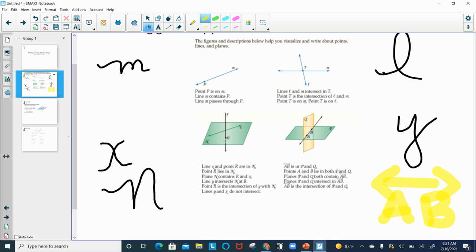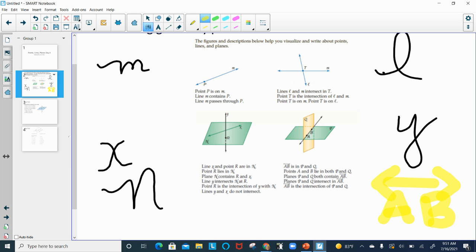At least in the picture, in real life, it does contain the whole line. Planes P and Q intersect on line AB, and that's true. Where the yellow part meets the green part, that's right here on that line. And then line AB is the intersection of those two planes, P and Q.